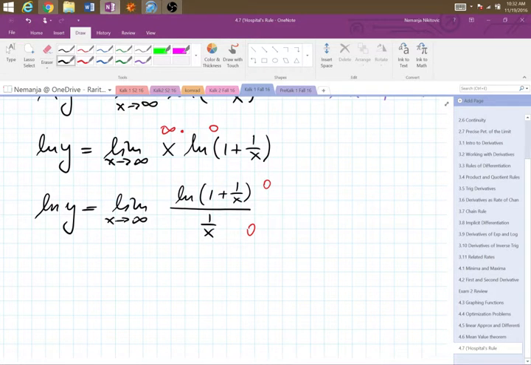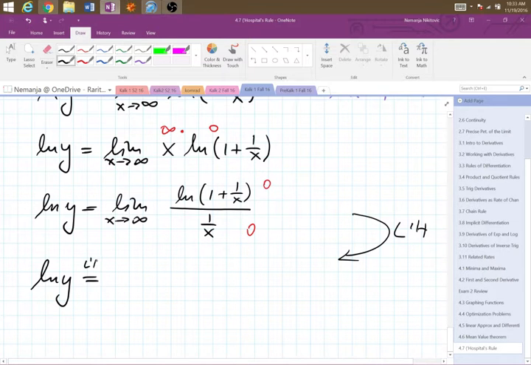So we can use L'Hopital's rule now. So ln y, and L'Hopital is going to be the limit as x goes to infinity. Two separate derivatives. One on the bottom is easy. Now one on the top is the function itself in the denominator and the derivative of it in the numerator.